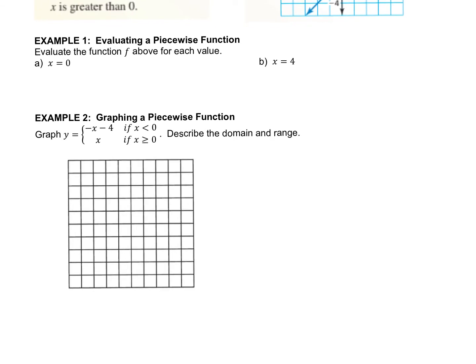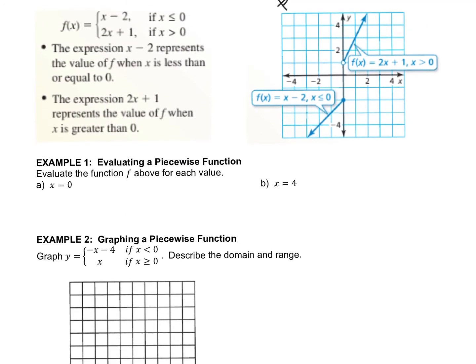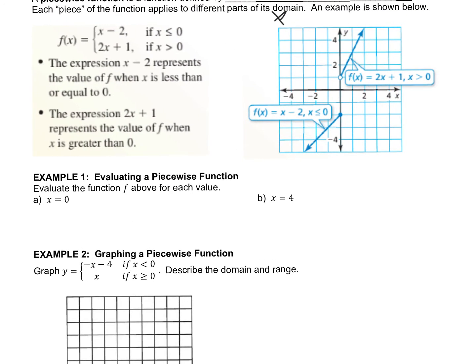But first, let's evaluate function f above. If x is 0, then we're going to be using the upper piece, right? The x minus 2. So when x is 0, we're using that upper one because x is less than or equal to 0.